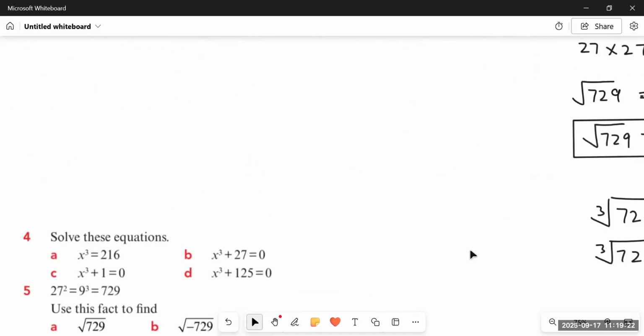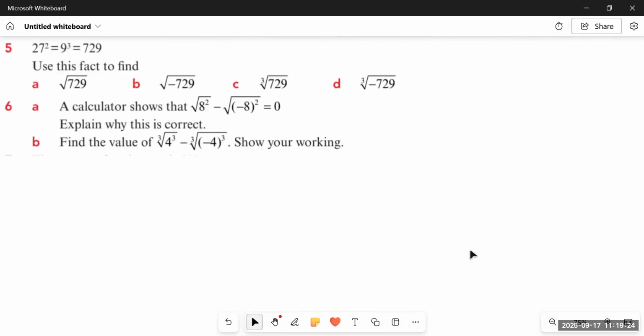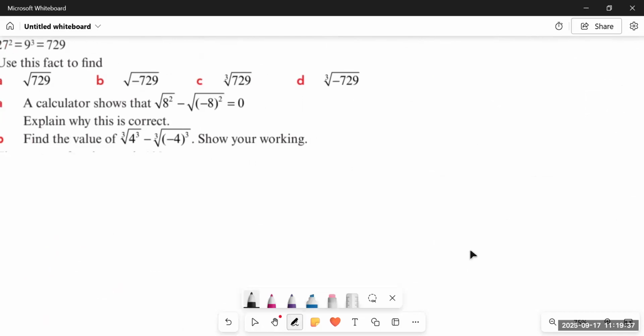Now let's move to question number 6, which says a calculator shows the square root of 8 minus the square root of minus 8 to the whole square is 0. Explain why this is correct. Okay. What does it mean? Let us understand.